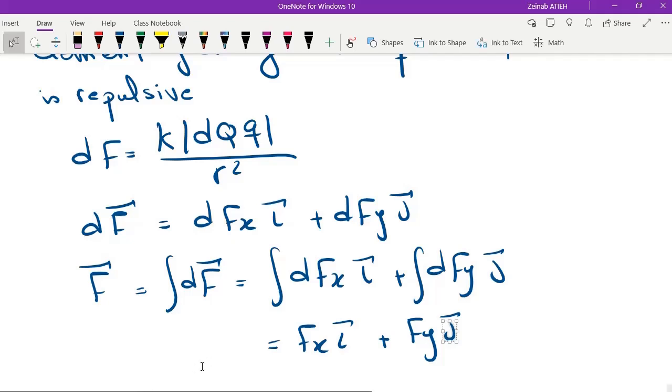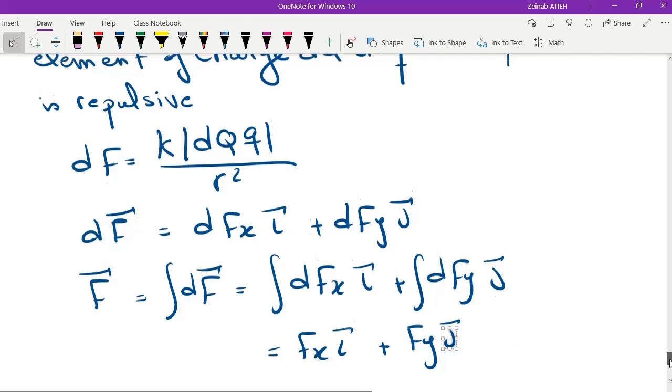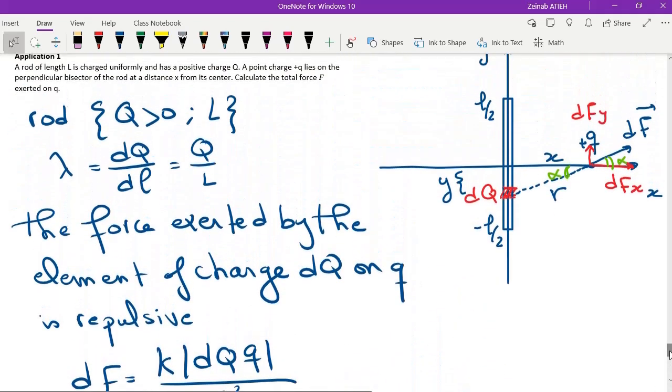dfx is simply the projection of df along the x axis. I will go back up to the drawing and let you see. dfx is the projection of df on the x axis and dfy is the projection on the y axis. We will start first with dfx. As I've taught you, we look: is dfx along the x-axis?